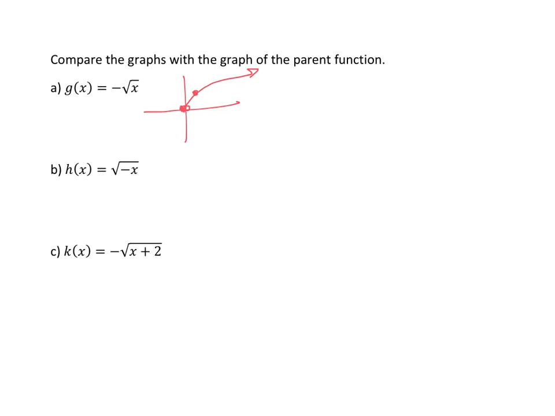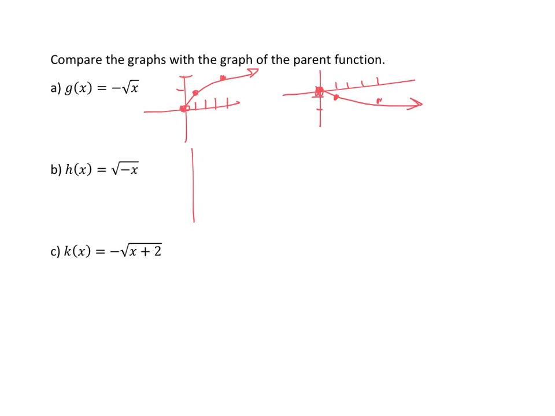And you really can't figure out another one until you get to 4. The square root of 4 is 2, so that one's up there at 2. So there's my parent graph. If I have to flip it over the x-axis, which is what that is on the outside, it's going to be going down here, 0, 0, 1, negative 1, and 4, negative 2.